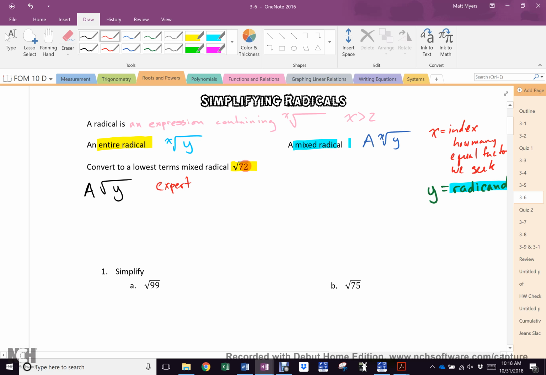So if I can break 72 down into numbers that are squares, I'll be in good shape, won't I? I have done this so often, I don't see 72. I see the square root of 36 times 2. Everybody cool? Because 36 times 2 is 72, yes?